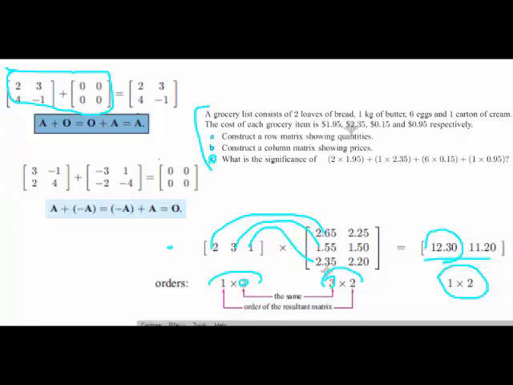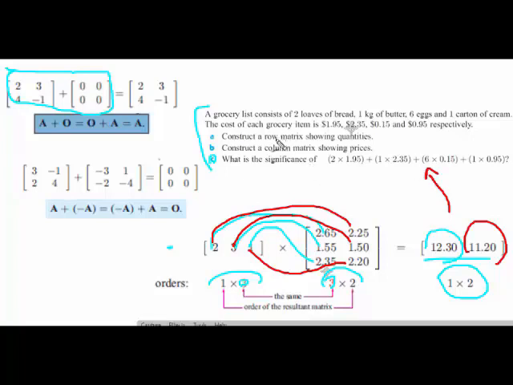We've also got the second element. This is achieved by going 2 times 2.25 plus 3 times 1.5 plus 1 times 2.2, add it all together, you get 11.2.